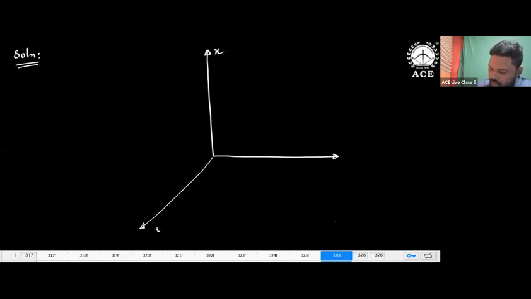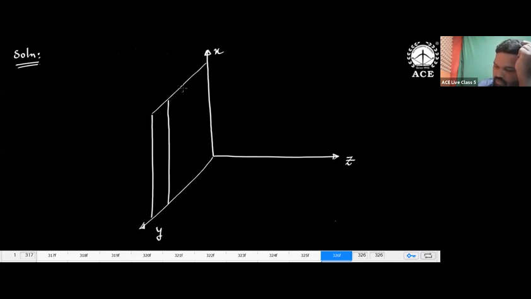Here it is x-axis, here it is y-axis, here it is z-axis. This is a media interface. This xy plane is the z is equal to 0 plane.